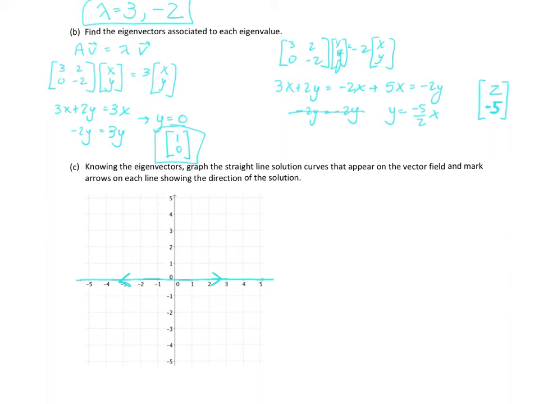And then 2, negative 5 is this point right here, and I'm going to do the line that connects that point to the origin. And that line of eigenvectors is associated with a negative lambda, negative 2, so I have arrows that point in towards the origin.